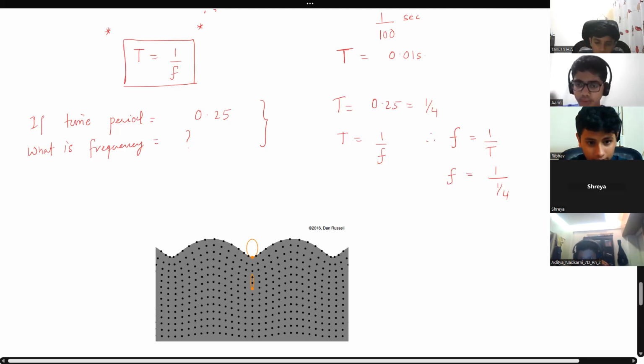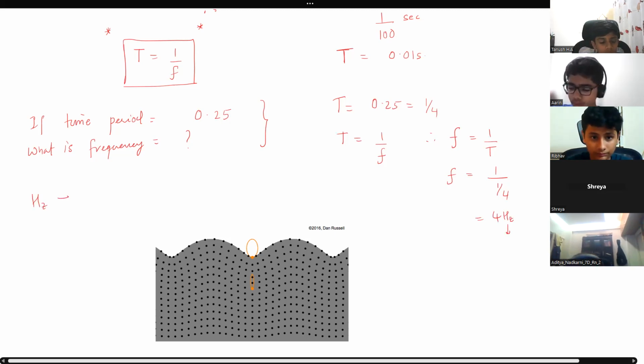What will be the units, sir? Hertz. This is 4 hertz. Hertz is nothing but oscillations per second. Hertz is the unit for oscillations per second.